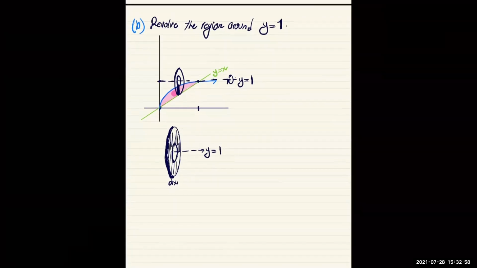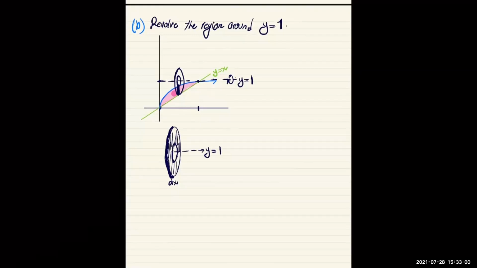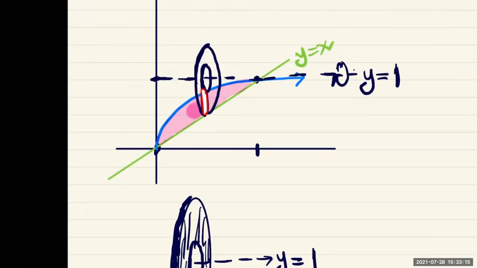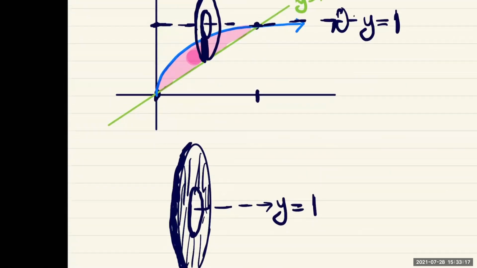Now let's take points on the washer. So you might say, hey, am I going to take this point? No. Take a point on the washer that falls on the graph. Okay, so look at this rectangular strip.